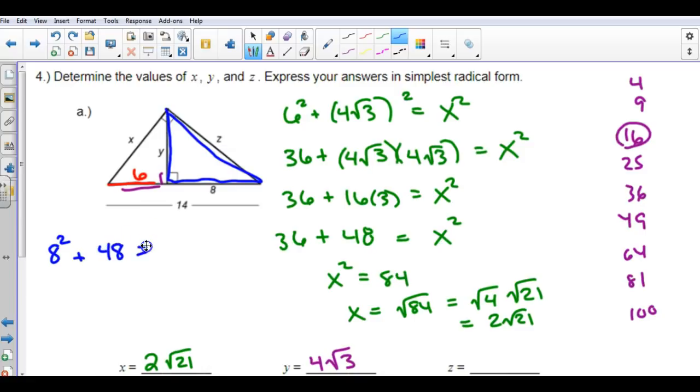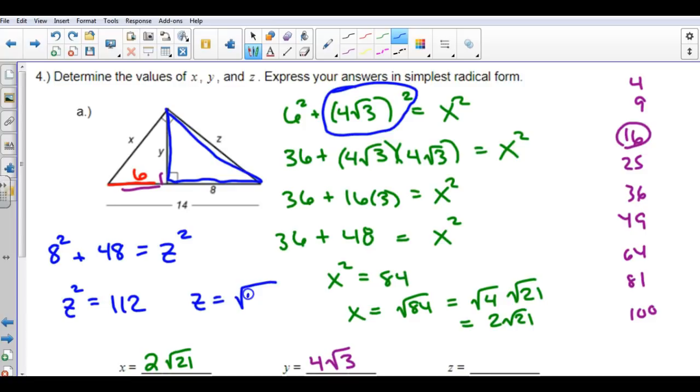So I'm going to say that again. The y squared comes from taking this value and squaring it, and we get right back to 48, and that is equal to z squared. So 8 squared is 64. When I add 48, I end up with 112. So z squared is equal to 112. So then z is equal to the square root of 112.